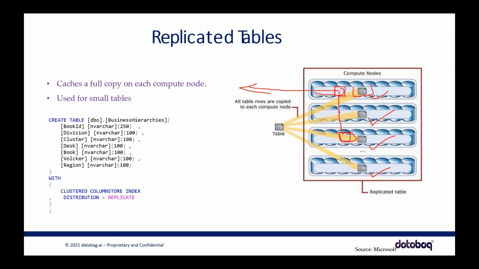What if the dimension data and the fact data both are in the same compute node when you're doing a join? So you don't have the DMS, right? Data movement service doesn't really have to work here, and the performance will be really good. Yeah, you're with me?